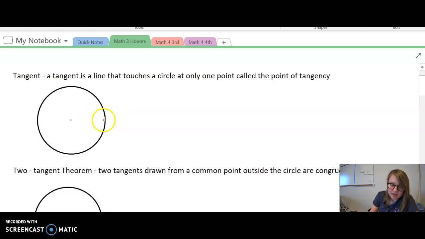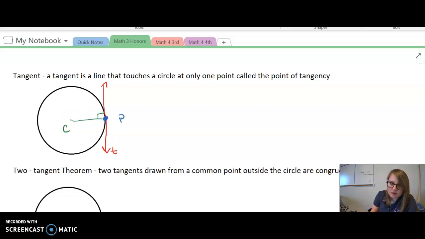So we have a point of tangency right here. I'm going to label this P for point of tangency. And so we have our tangent line going through that point of tangency, and that's line T. And this is circle C with our radius here.